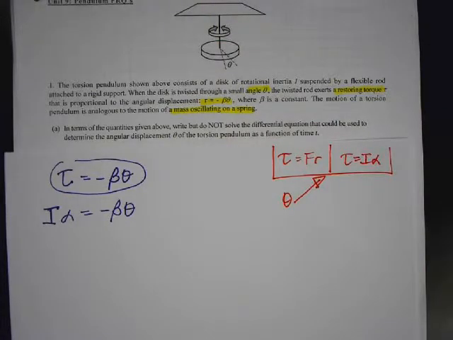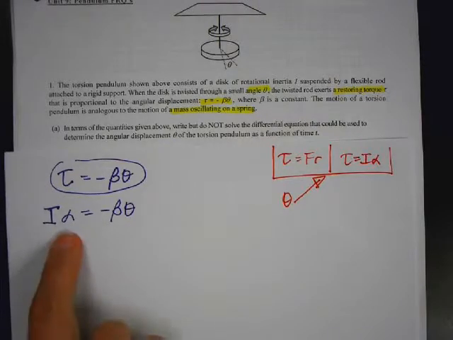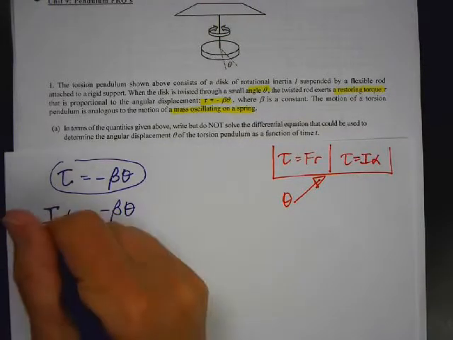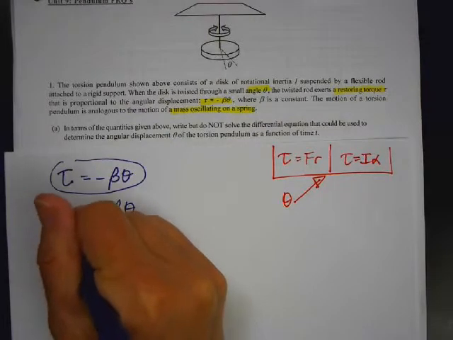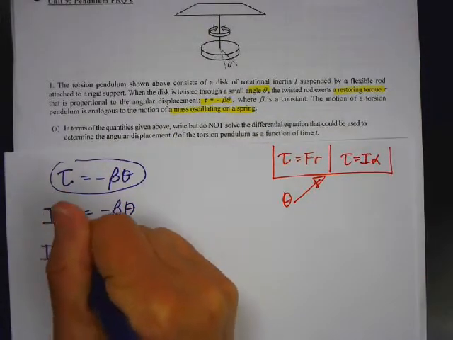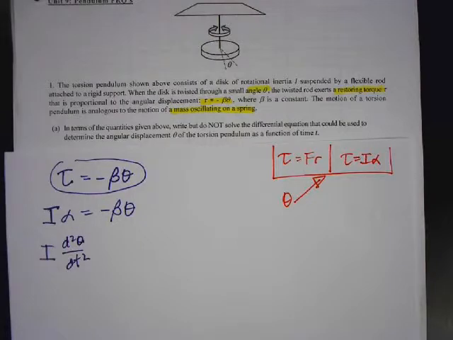Because we're solving for theta, and they want the differential equation, we know that alpha is equal to d squared theta dt squared. Do we know that? Yes. The second derivative of theta gives us alpha.